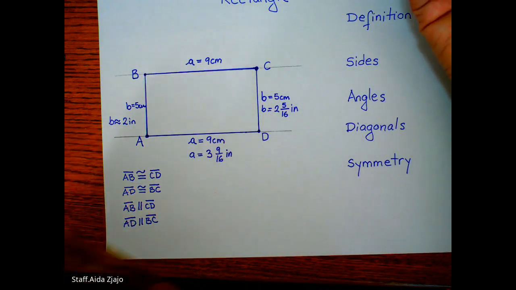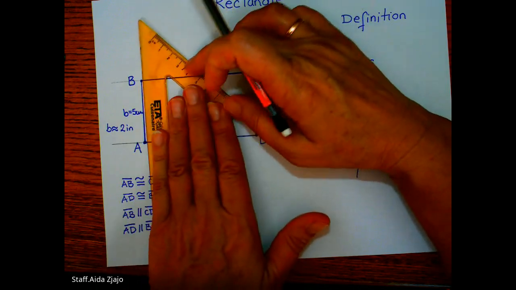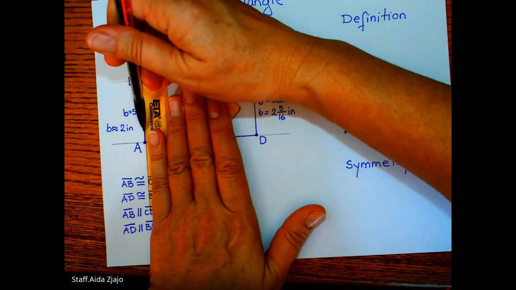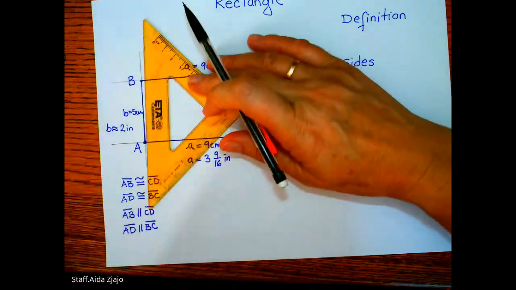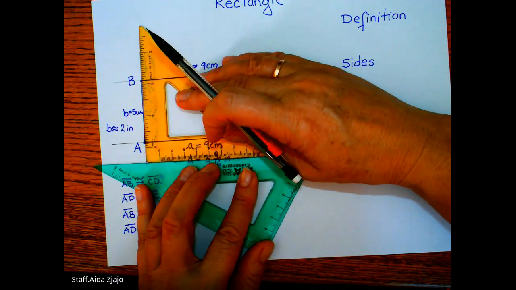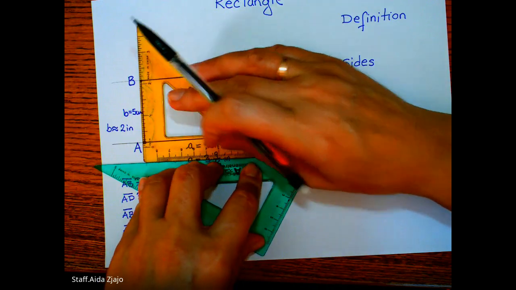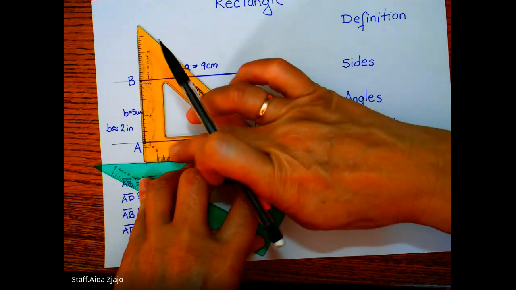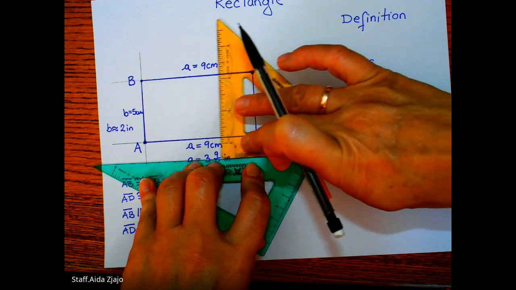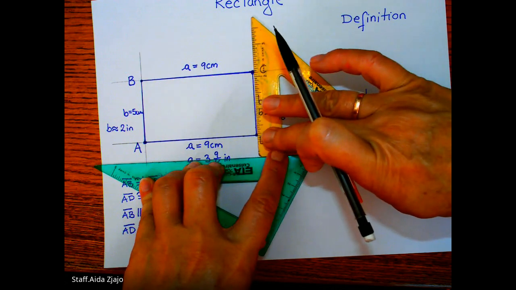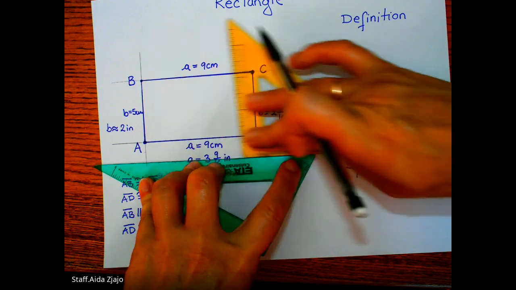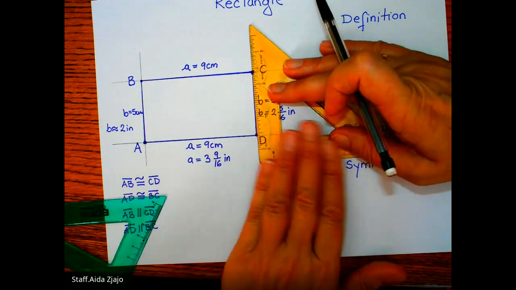We can also prove that if we extend AB line segment, putting our ruler exactly on AB and scrolling down, DC line segment is parallel to it. So we can extend the lines.